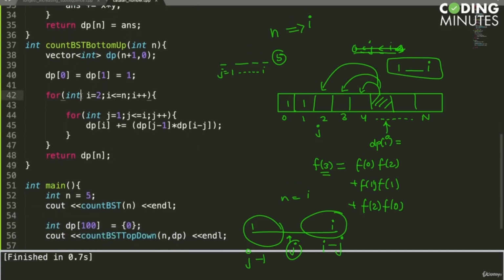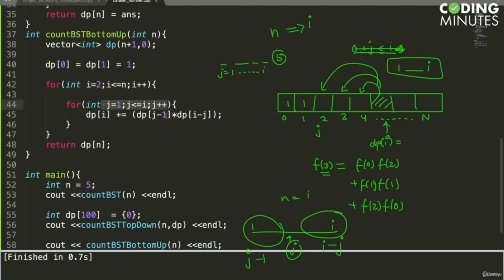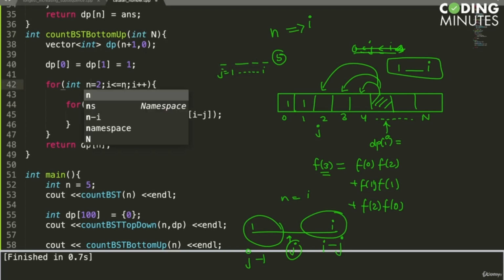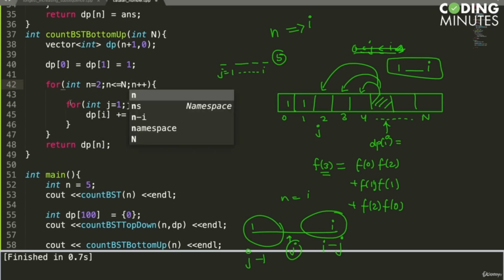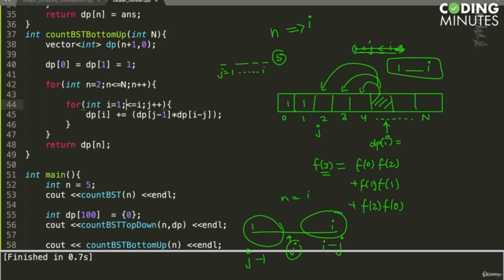So in this case, this i is behaving like n, and this j is behaving actually like i. So if it is confusing to you, I can also make it a large n, I can make it a small n, and I can say n plus plus, and here I can say this is i, this is less than equal to n, and here I can say dp of i minus 1 into dp of n minus j, and this will be dp of n, and here we can return dp of n.